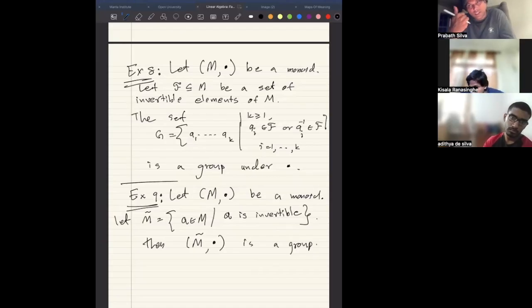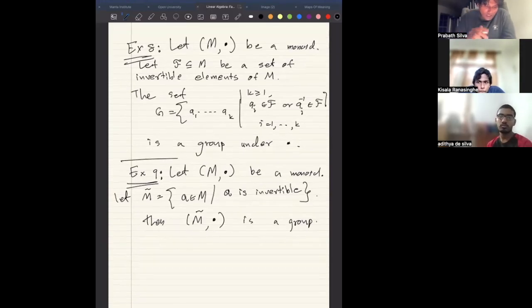The monoid is closed, associative, and it has identity, and it's missing only one property to become a group. Okay, and this is telling you if you take a monoid and you consider all the invertible elements, that would form a group.